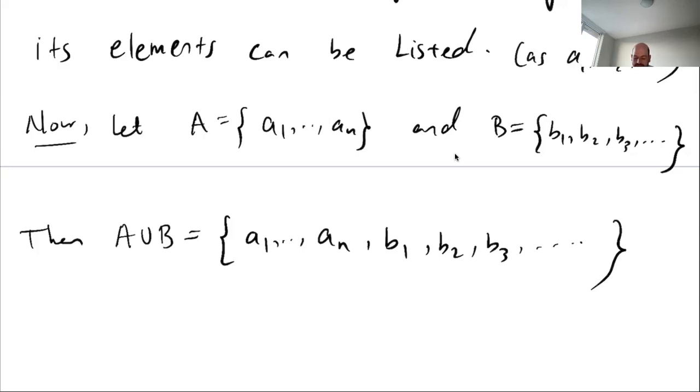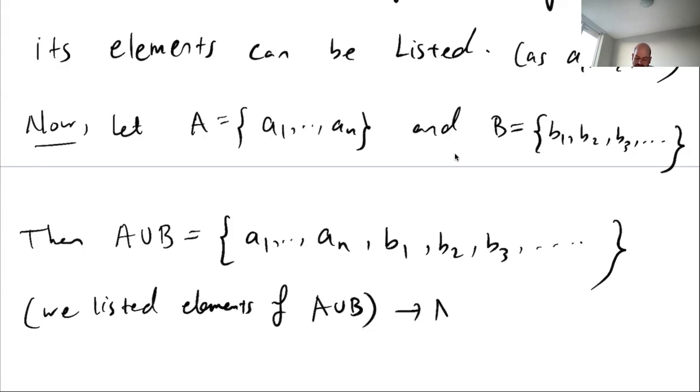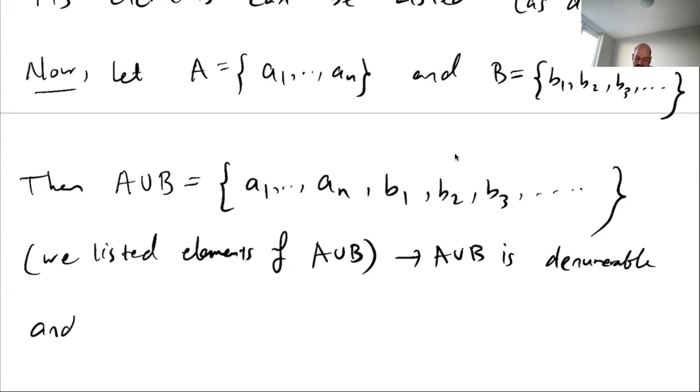So we listed elements of A union B. That means A union B is denumerable and hence is countable. So that's the proof for case 2.